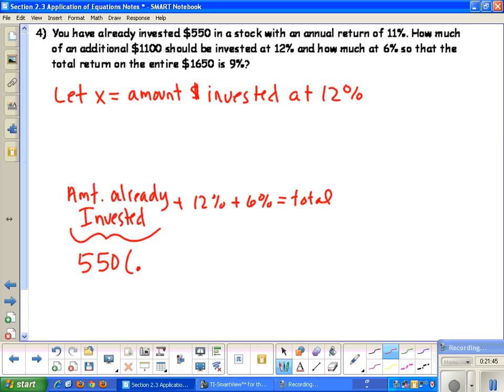So we have to write this as a decimal, so 0.11 plus, well, remember we said how much of an additional $1,100 should be invested at 12% and how much at 6%. So if x is the amount invested at 12%, then, if the total's $1,100, 1,100 minus x is going to be the amount invested at 6%.